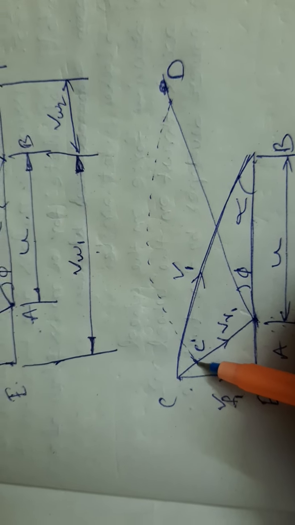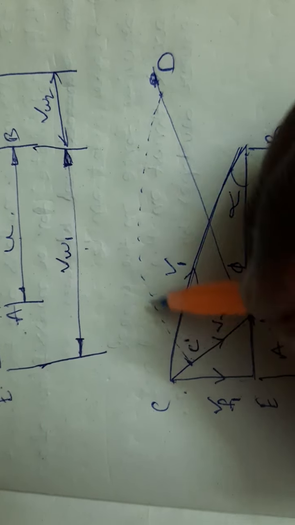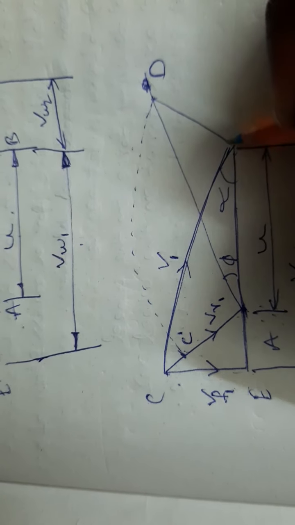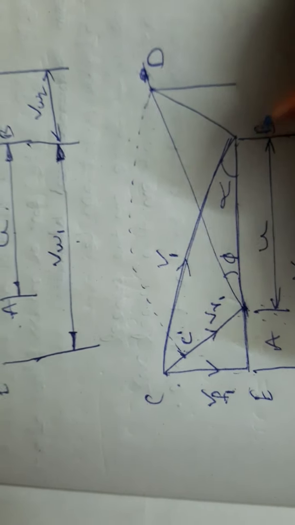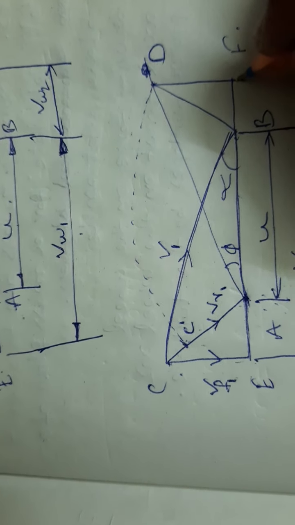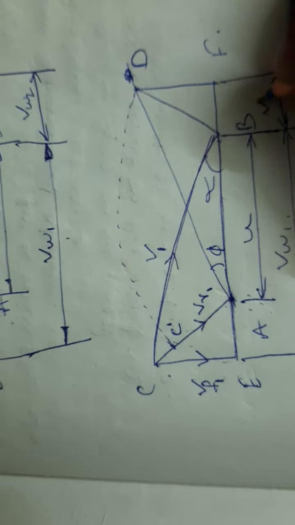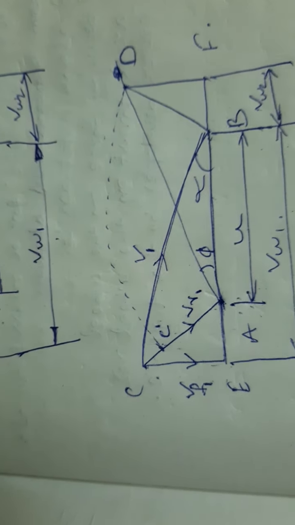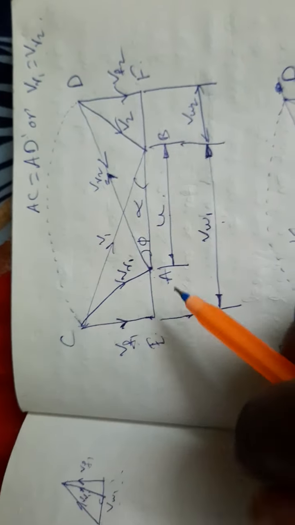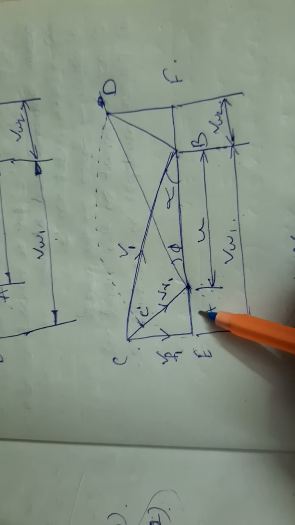So C dash is the frictional loss. Join DB and draw the perpendicular line and extend the AB line. Now it is F. There is no change in any other step, so the procedure is the same for both. The only difference is that here we are not considering the frictional losses, and here we are considering the frictional losses.